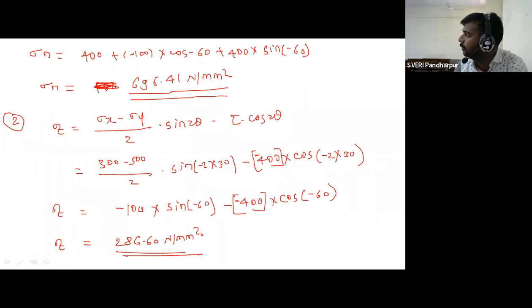Have you got the correct answer now? Have you got both sigma n and sigma t? Okay, then calculate sigma r also.